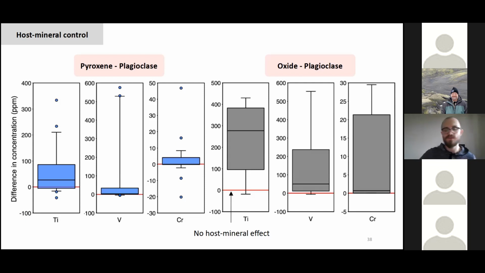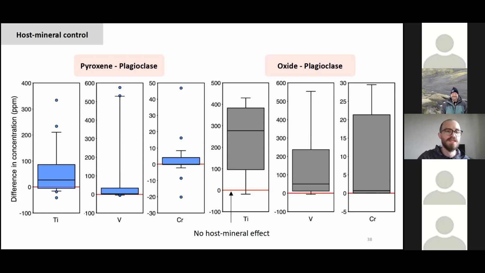So let's focus first just on the most local control and looking at host mineral chemistry. So here we have a number of box whisker diagrams illustrating the difference in concentration of titanium, vanadium, and chromium in veins that cut across pyroxene-plagioclase pairs and oxide-plagioclase pairs within the same thin section.